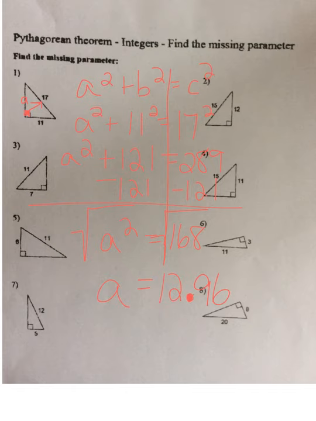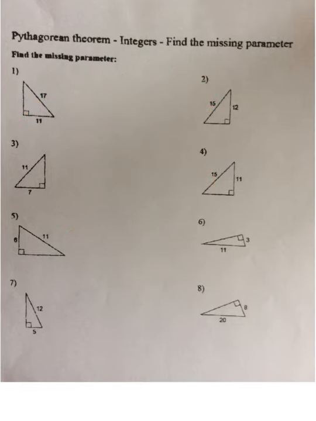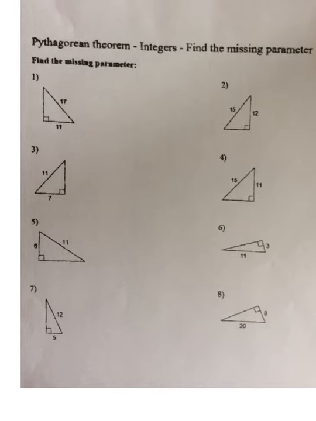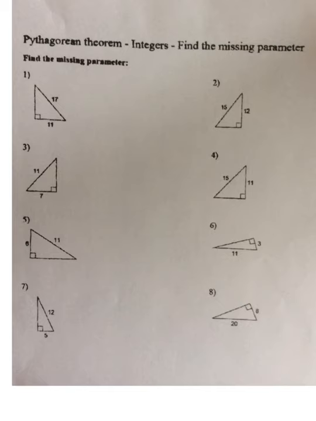So just kind of a refresher of how we find the side length when we're solving for a or b. Before we go on, let me make sure you all understand what all the numbers represented here are. I already did number 1 with you. I'm going to do number 2 with you.